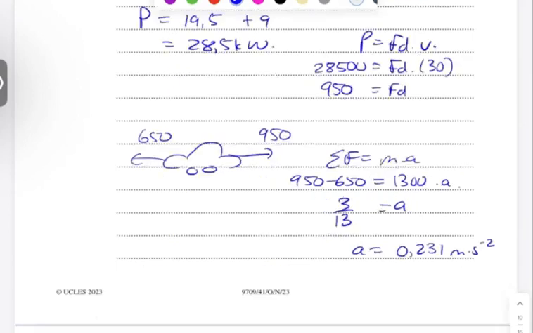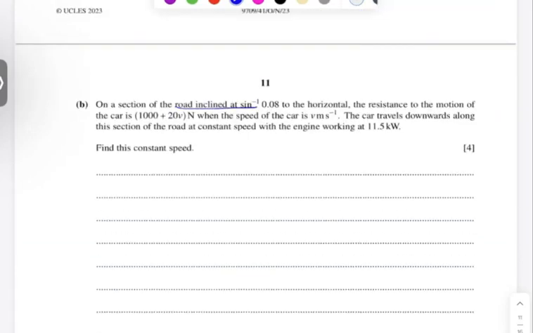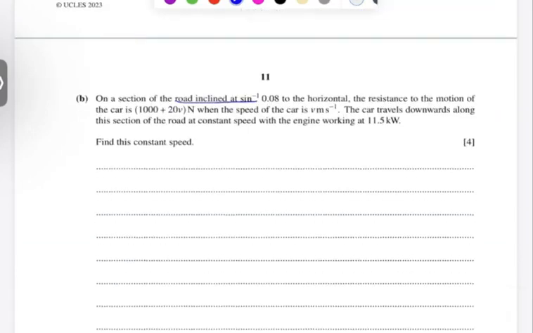Okay, so the trick with these types of questions is acceleration and power can jump. Your driving force can also jump, but your velocity can't jump. So you need to use this velocity, the velocity at the point, to work out the instant acceleration.